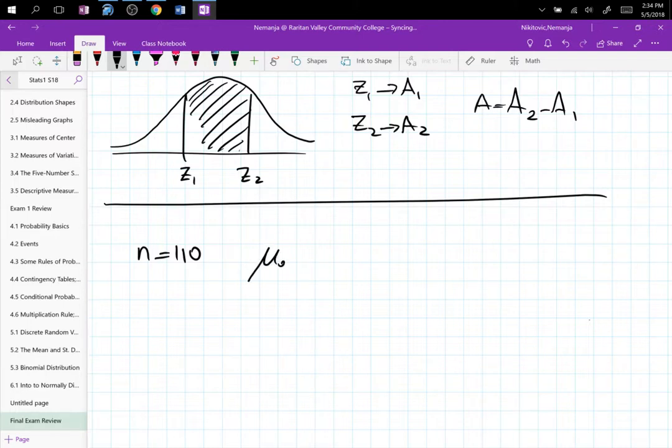So that's mu 0 is 16. Assume that sigma is equal to 3.5, and this triggers Z, not T. Construct a 95% confidence interval.